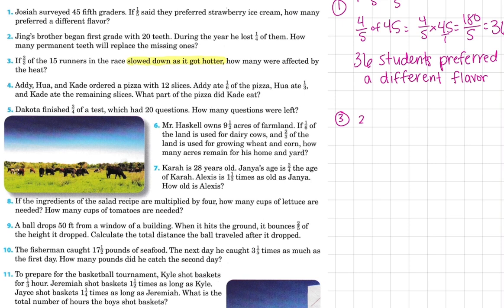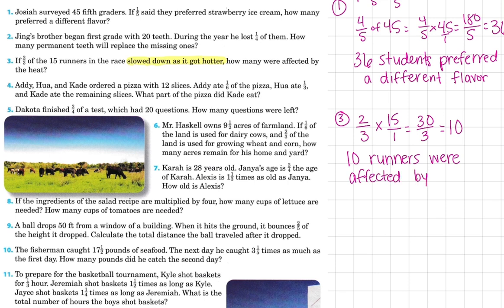So we would do 2/3 of 15, and I'm going to go ahead and put this as a fraction. Multiply across, and we get 10. So 10 runners were affected by the heat.